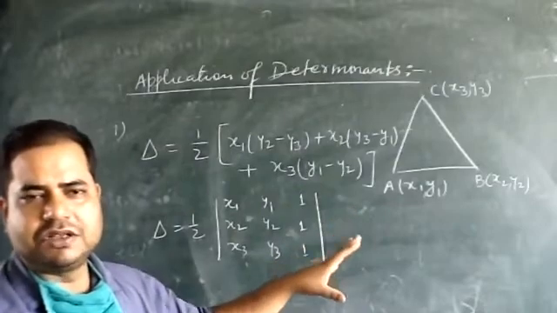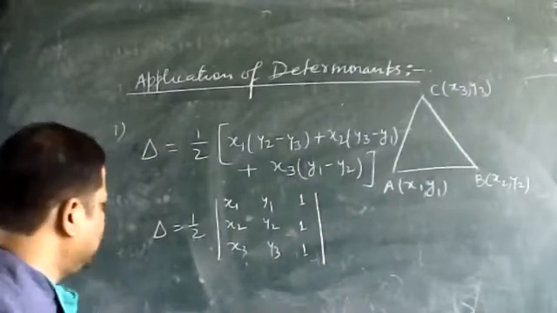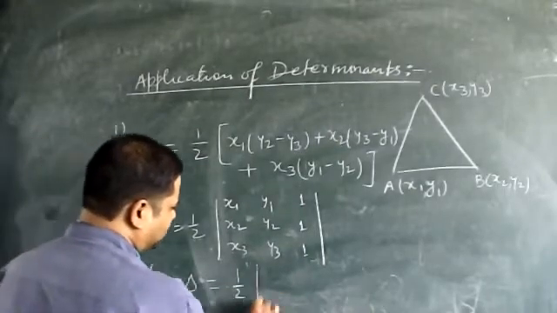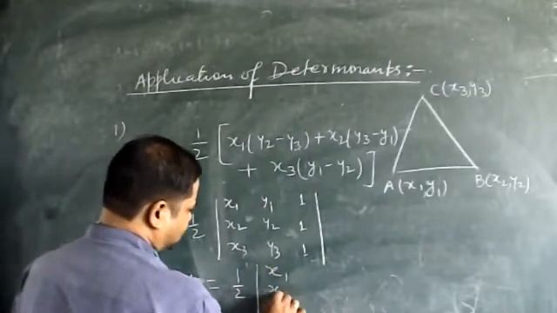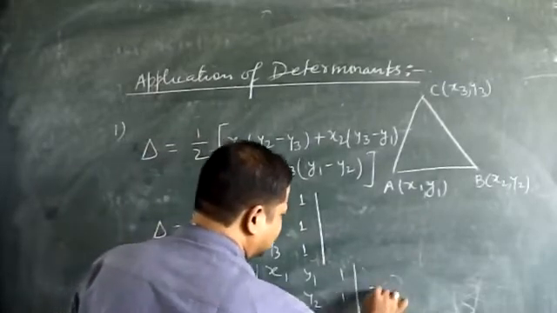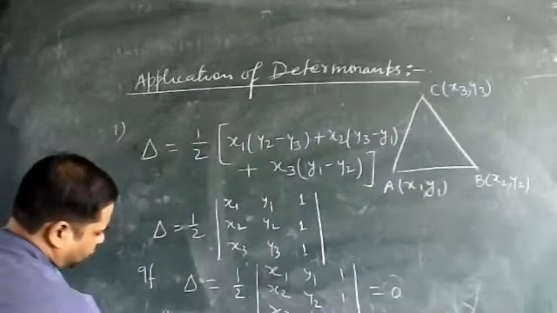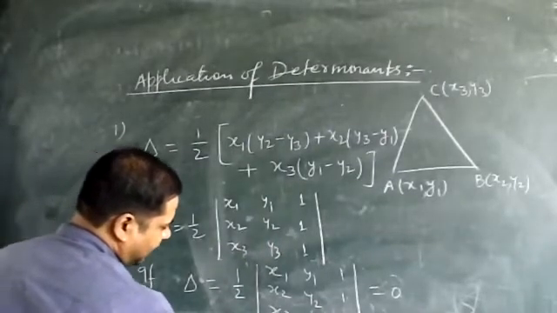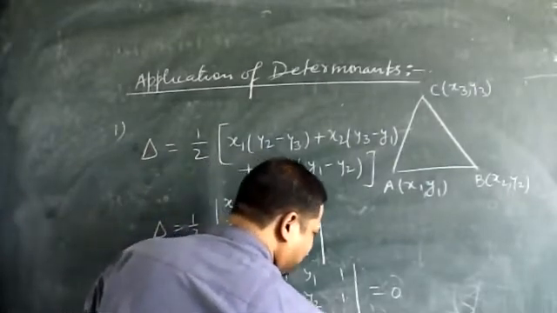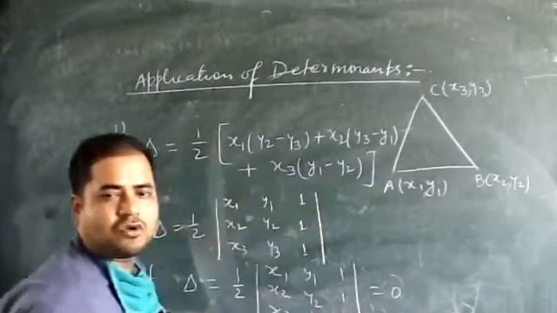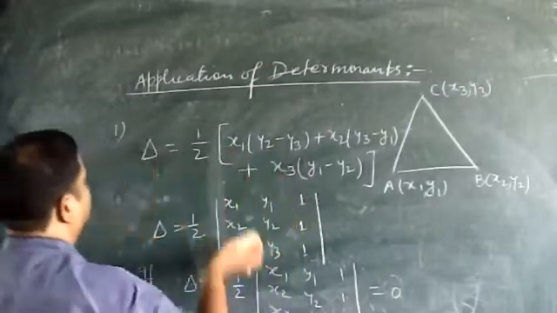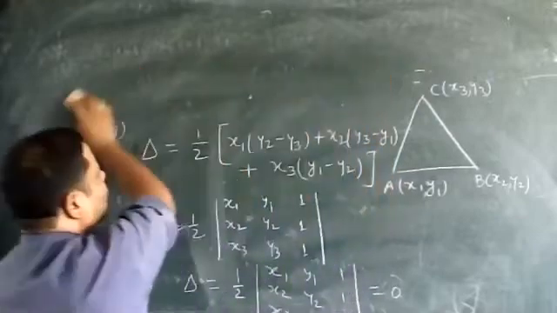So if delta, that is 1/2 times the determinant of x1, y1, 1; x2, y2, 1; x3, y3, 1, is 0, then the points (x1, y1), (x2, y2) and (x3, y3) are collinear.